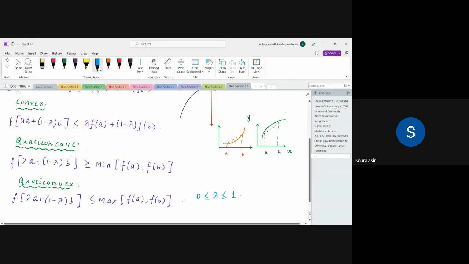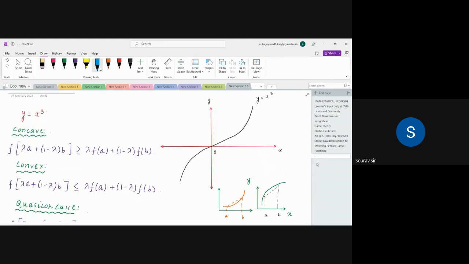So if you look at the graph of this function x cube, what can you see? If you take any two positive values of x, the line lies above the curve. However, if you take any two negative values of x, the line lies below the curve.